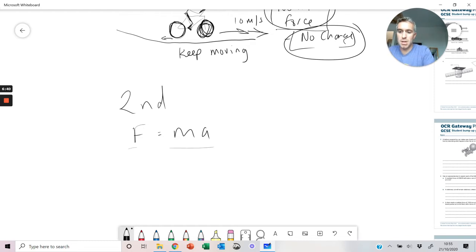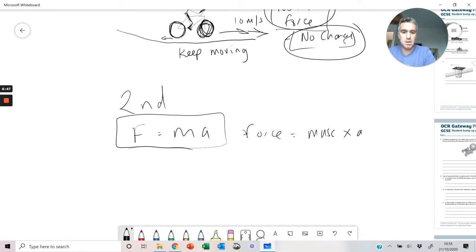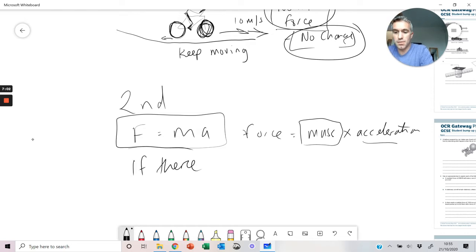Well, here we have this equation. Force is equal to mass times acceleration, which basically means if you put a force on an object that has mass, therefore you will get an acceleration. So if there is a net force, this equals an acceleration.